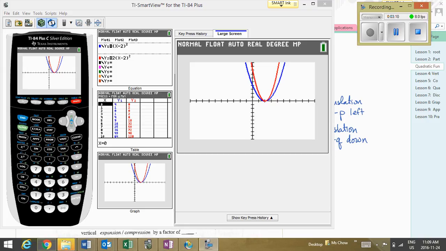It's gone through a stretch factor of 2. And in fact, if you look at the table of values right here, the x values obviously are staying the same, but what's happening to all of my y values as compared to my standard is that those y values are being doubled. So a factor of 2 has been applied to each of those y values.